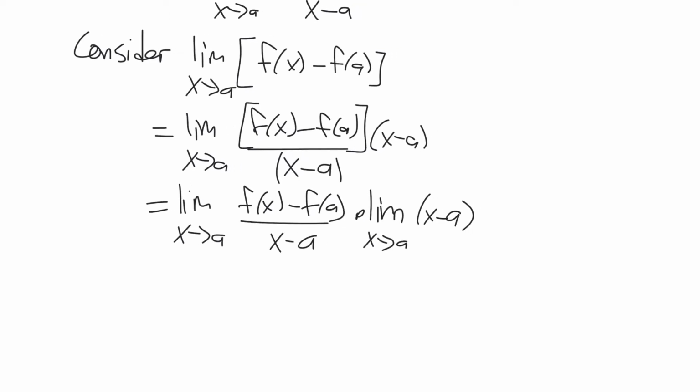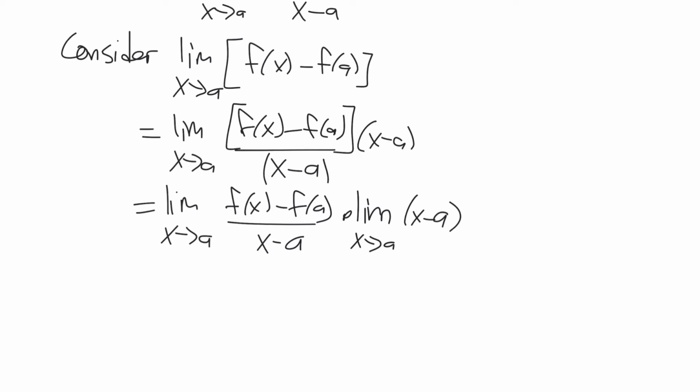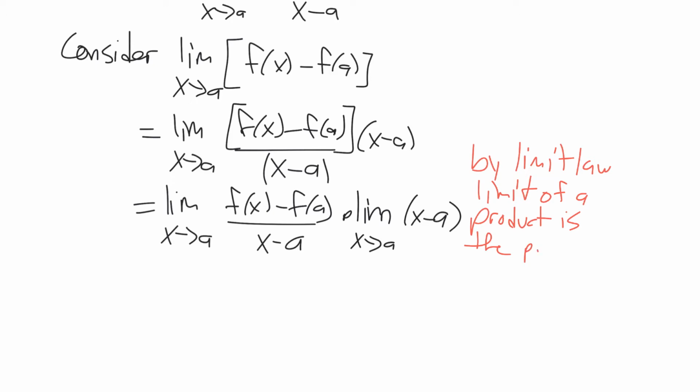And the reason we're allowed to do this is by the limit law, in particular, the one that the limit of a product is the product of the limits. So that's our justification for that step, okay.